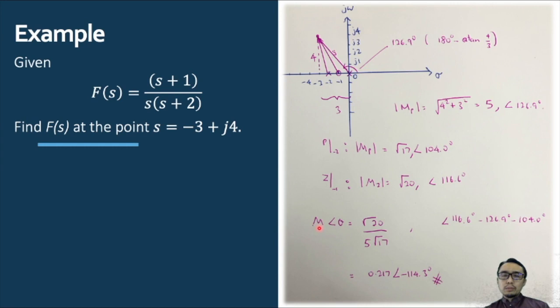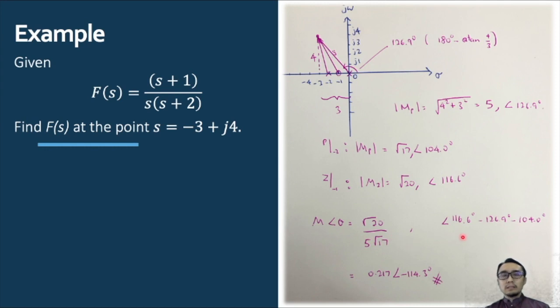If you use the relationship shown in the previous slide, then the magnitude will be the magnitude of the zero, which is square root of 20, divided by the magnitudes of the vectors from the poles to that particular point, which are 5 and root 17.